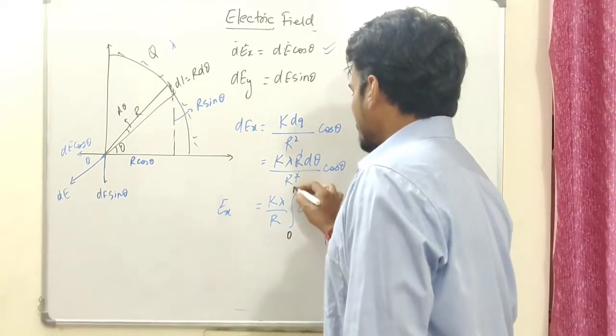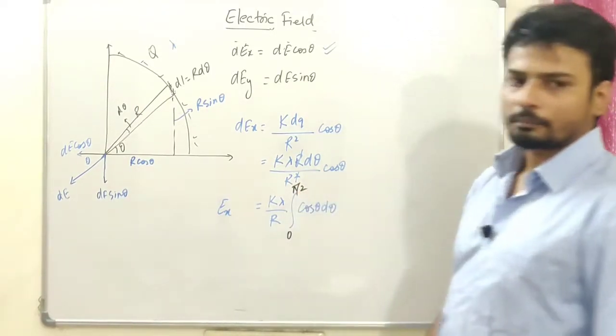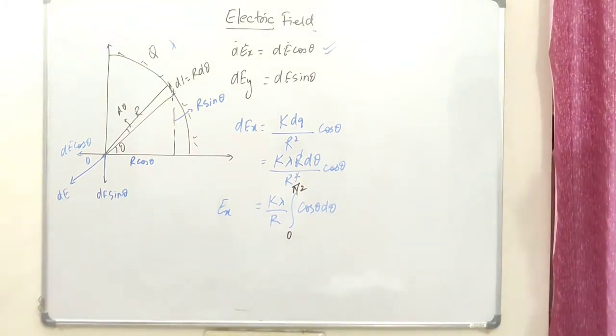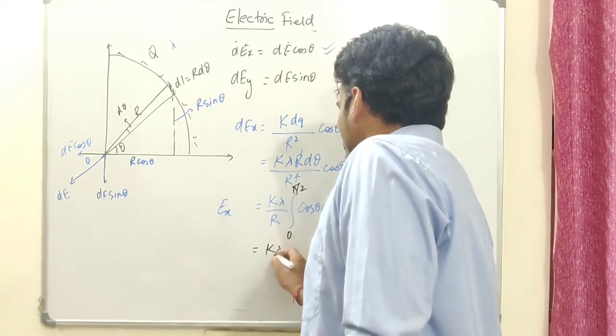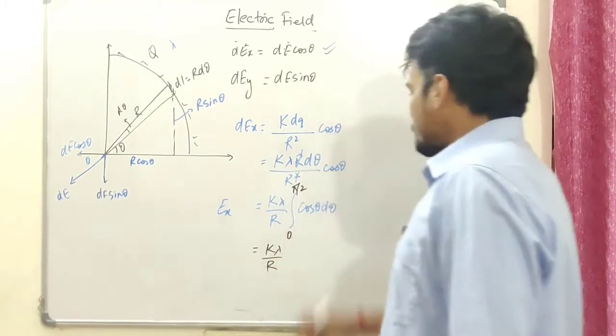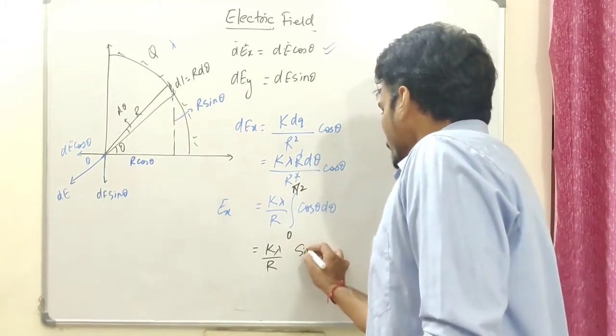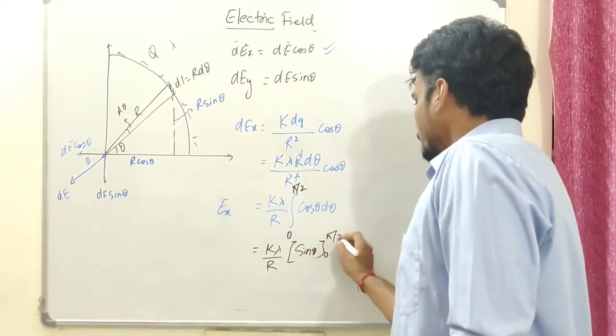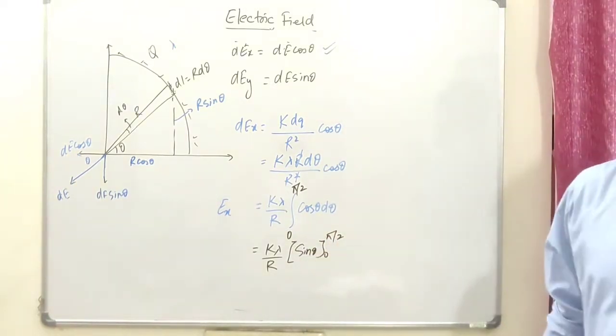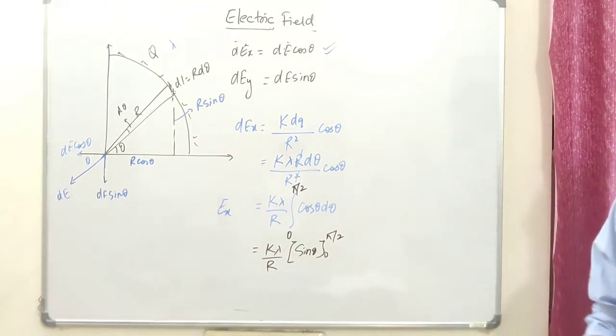The integration of cos theta is sin theta, from 0 to pi by 2, so I get Ex equal to k lambda over r.